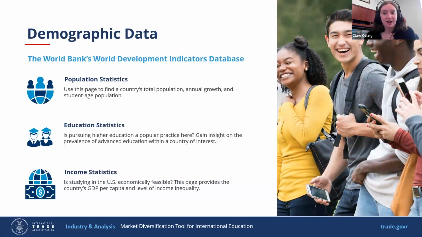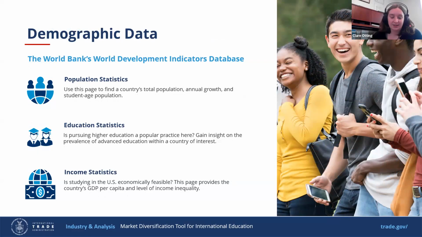Lastly, we have demographic data, which comes from the World Bank's World Development Indicators database. It helps provide context to some of the data that's found elsewhere in the tool to help users determine the number of potential students in each market. So it has data on a market's population and the number of people in key age groups that are more likely to be students.